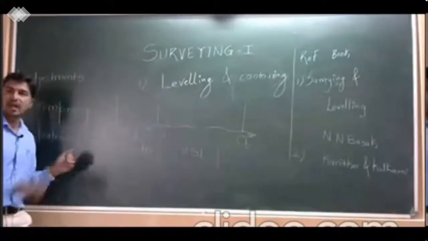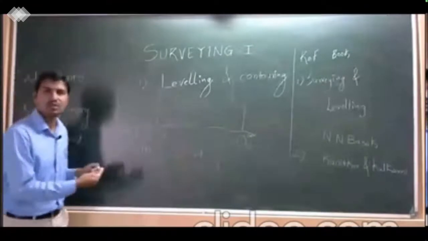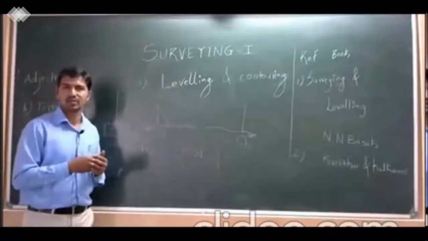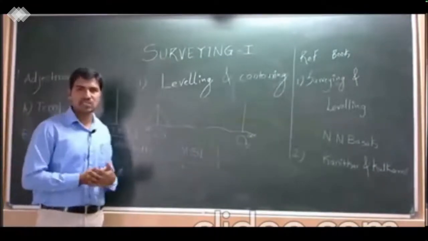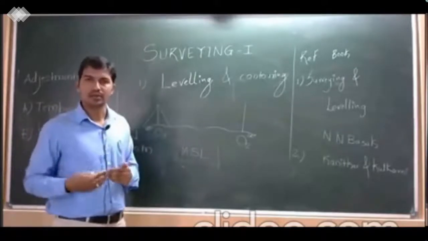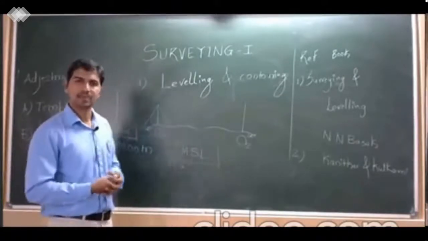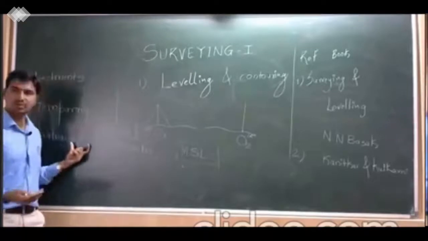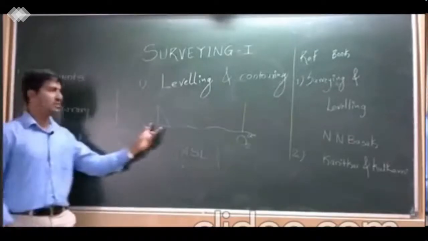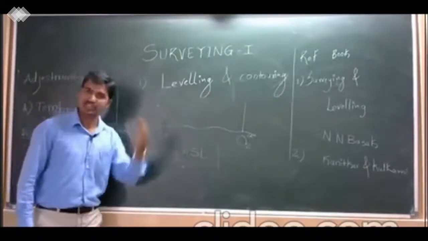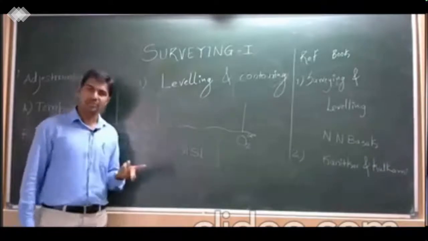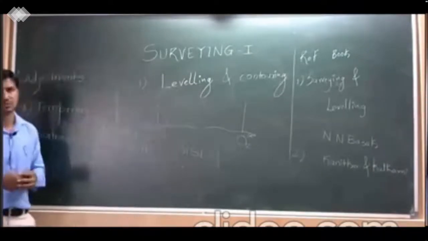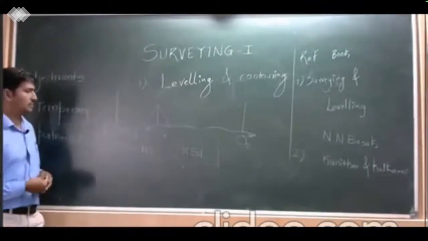These adjustments are done by the manufacturer. These permanent adjustments cannot be done in your lab. Whatever the relations between the fundamental lines, they are checked properly by the manufacturer, and then he sends the instrument to the customer.